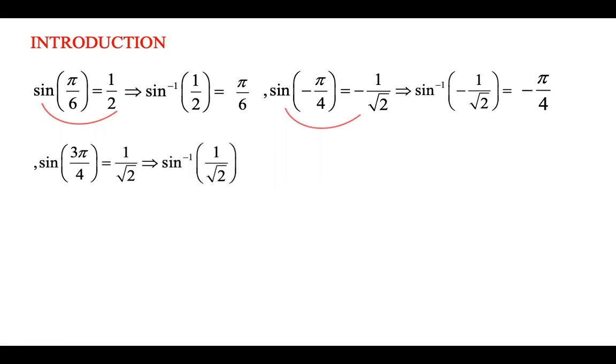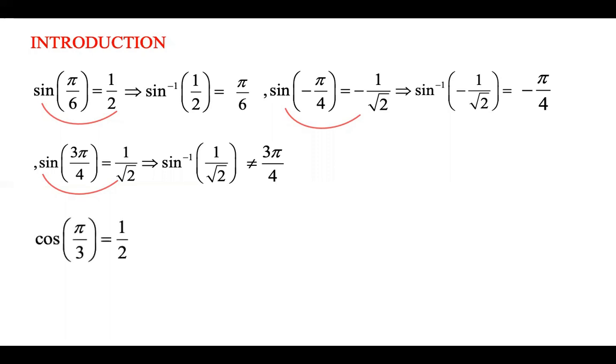Then sine inverse of 1 by root 2, with the same logic, should become 3 pi by 4, but it is not equal to 3 pi by 4. Why is it not equal to 3 pi by 4? Because in inverting the sine function, there are some restrictions and definitions, and we are going to discuss all those definitions.